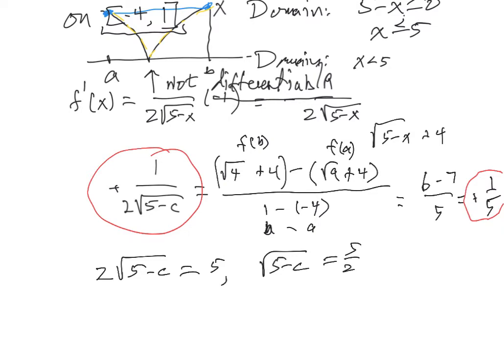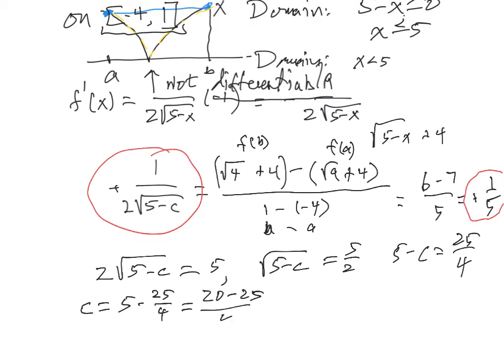Square both sides. 5 minus c equals 25 fourths. And therefore c equals 5 minus 25 fourths. Well, 5 is 20 fourths. So we get negative 5 fourths.